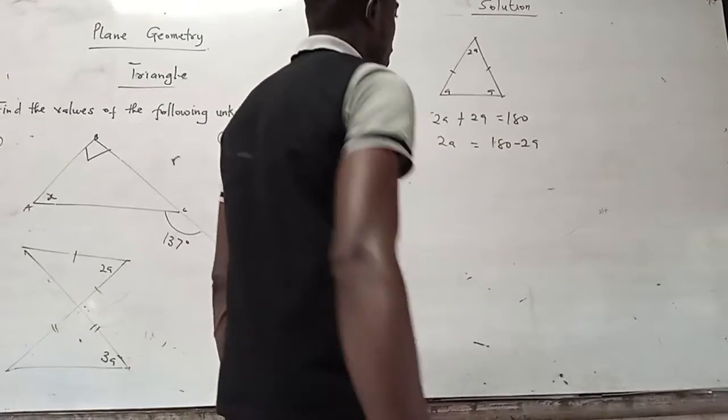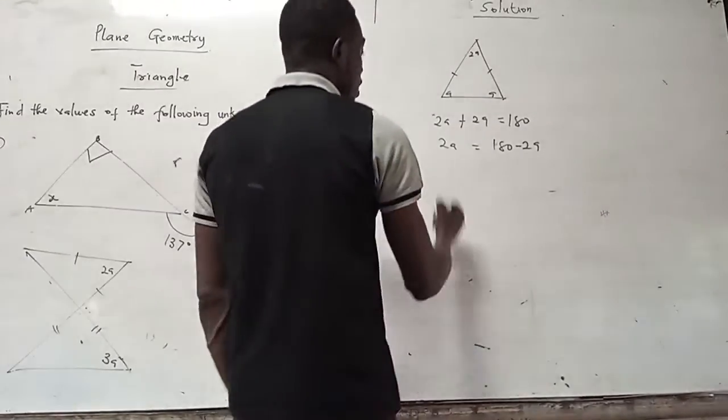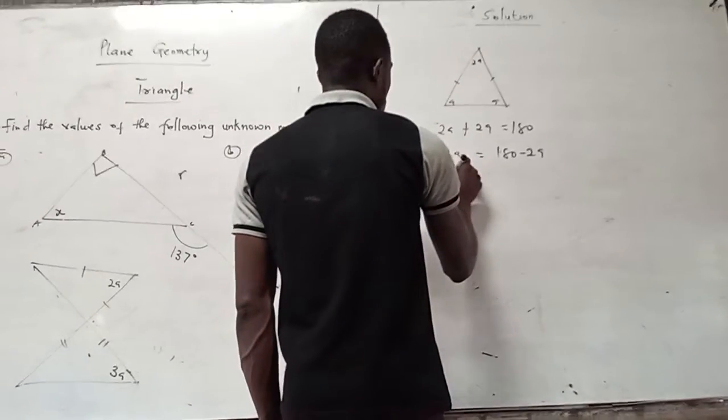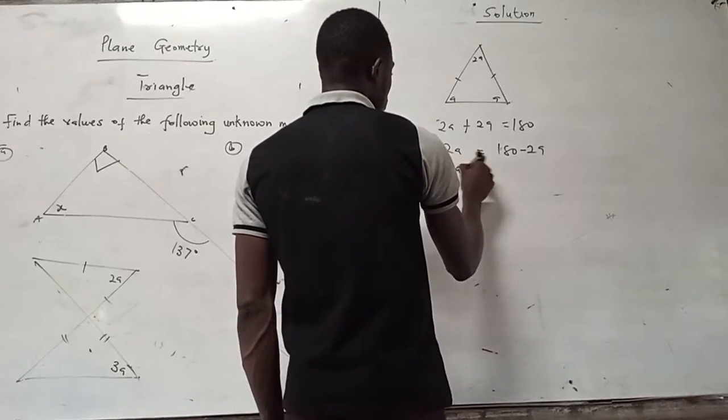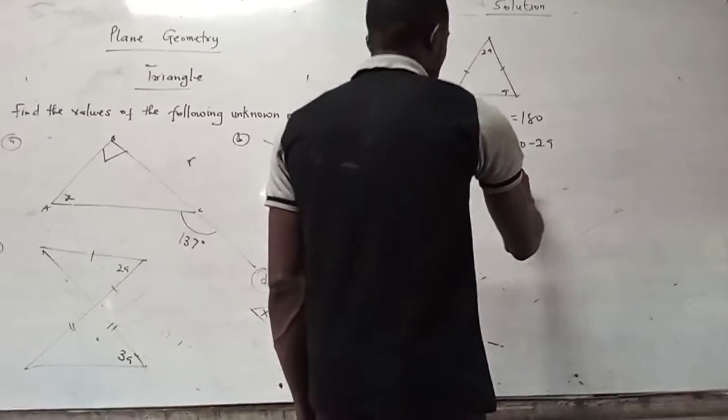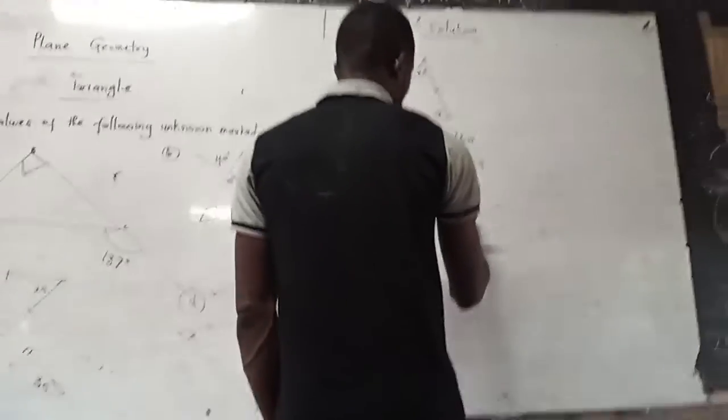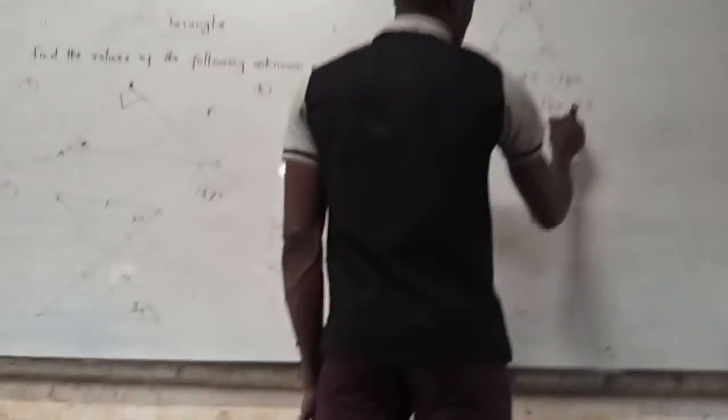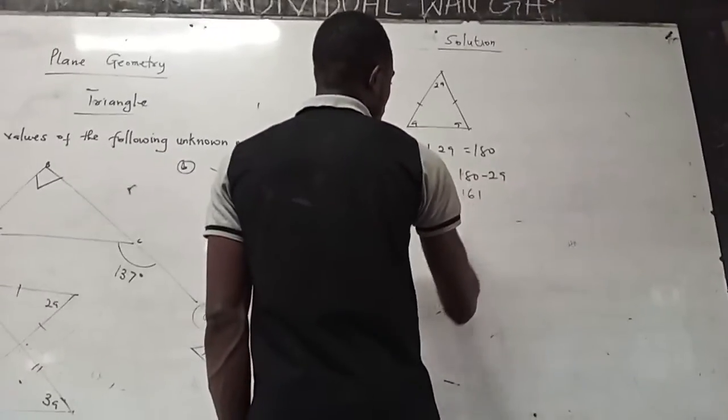So when you subtract this one from 180, you are going to get 151. So you subtract this one from this, you get 151. So I think that will be the answer.